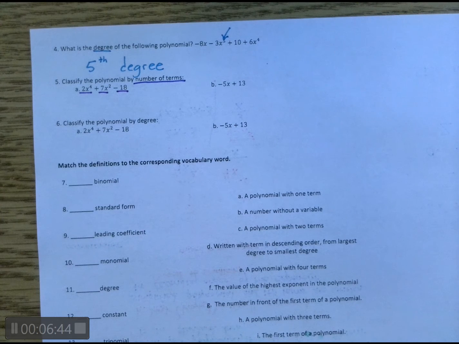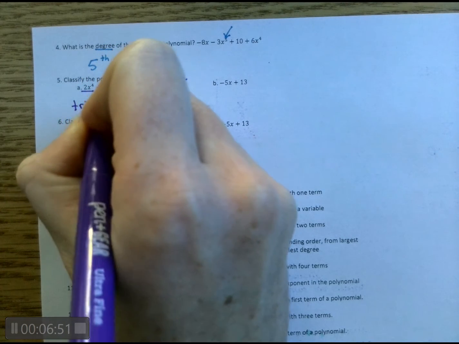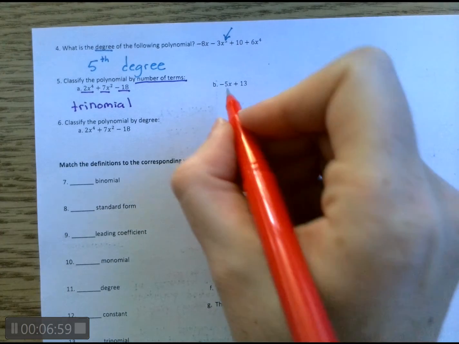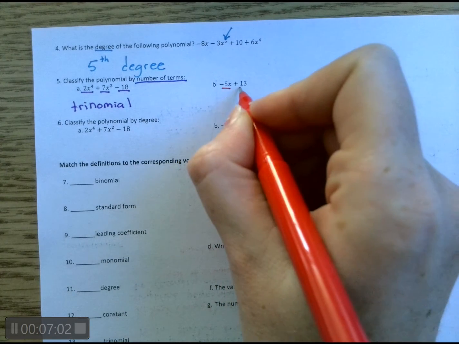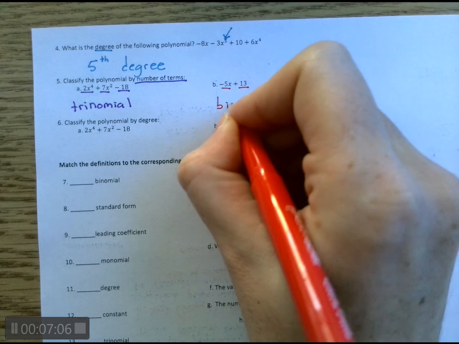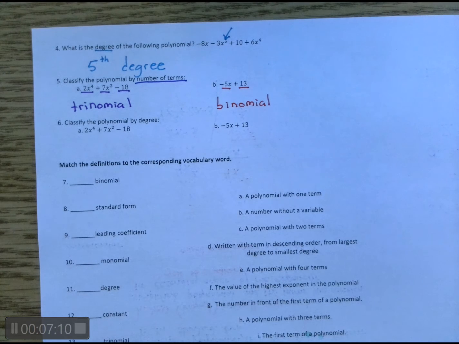So this is a 3-term polynomial, which is going to be called a trinomial. Like a tricycle has 3 wheels. Okay? And then this one has 1 term, 2 terms, which is going to be called a binomial. Like a bicycle has 2 wheels. Alrighty.